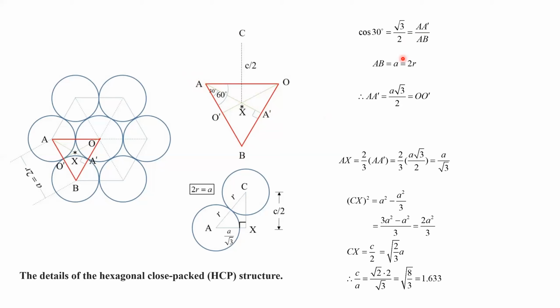And AB is 2 times the radius of the atom, so we use it as A. A is 2R. Solving for A prime, this A prime is A square root of 3 divided by 2, and it's the same as O prime.